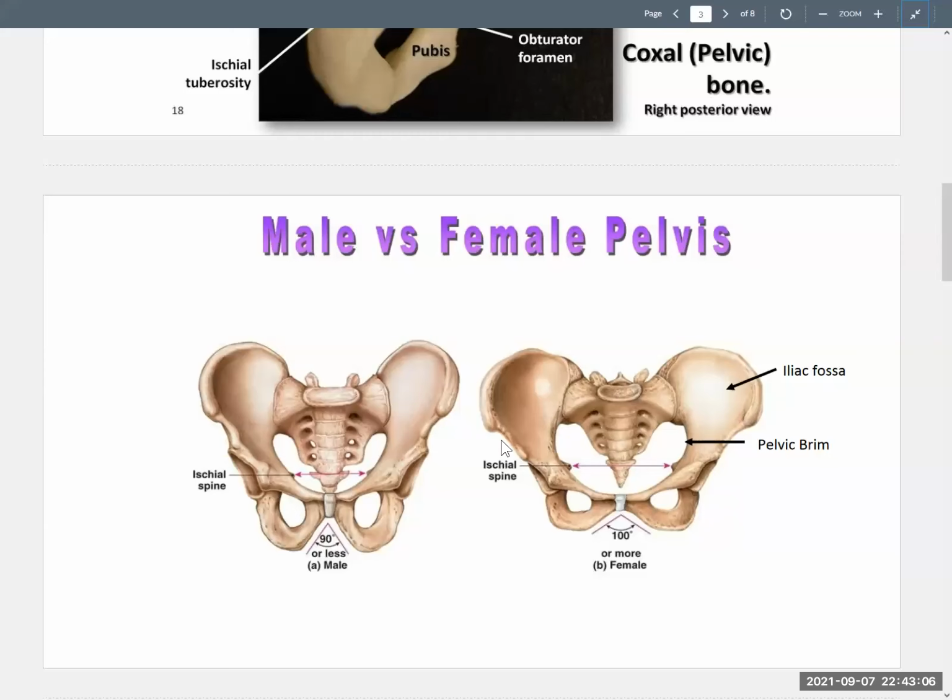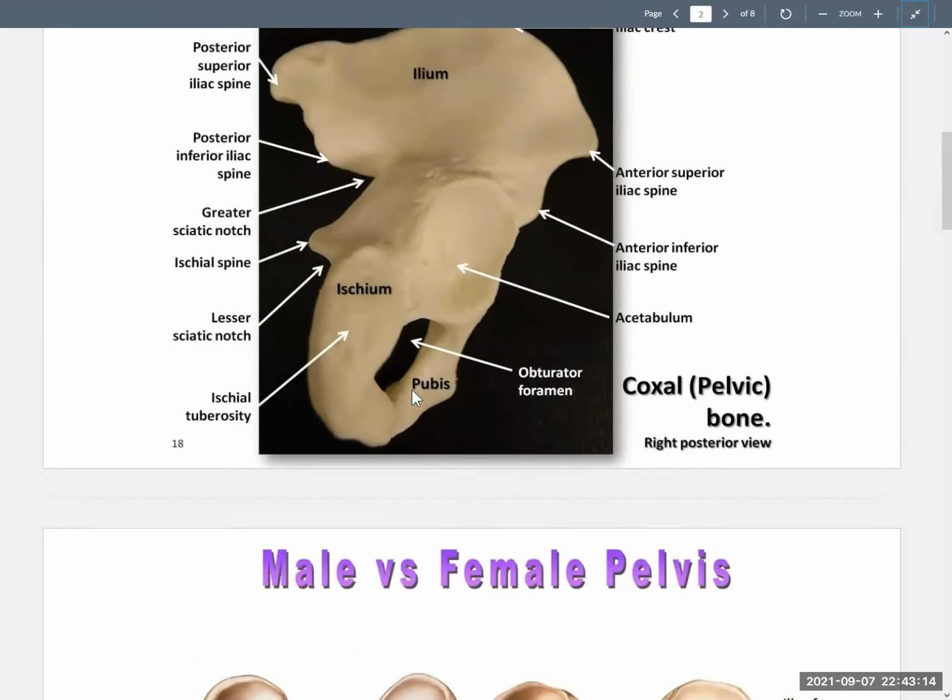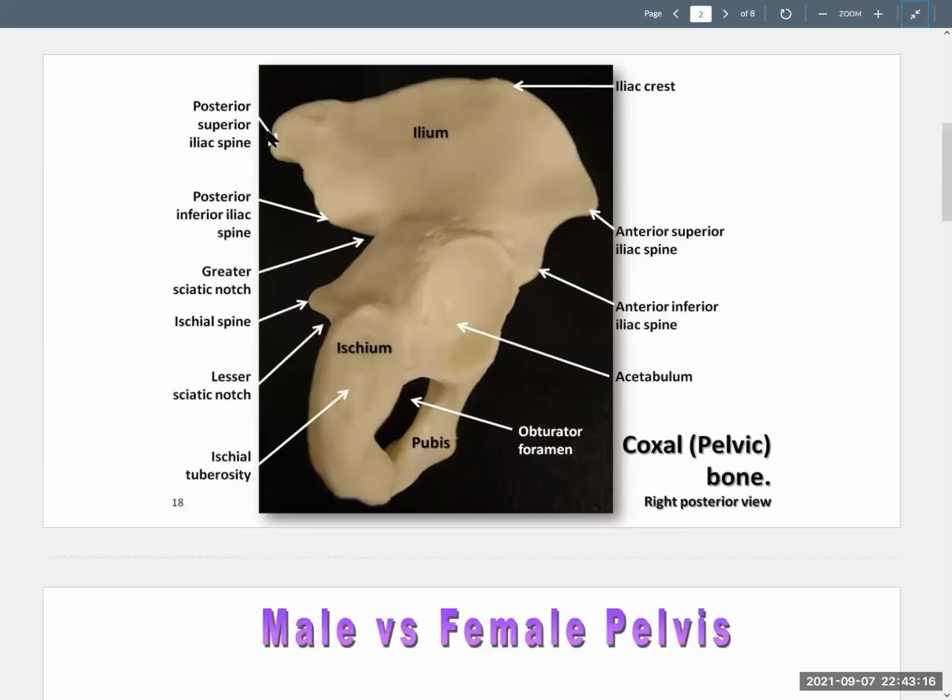Okay, so here's the two knobs here and the two knobs over on this side. Put your finger on the posterior superior iliac spine, drop down to the inferior, and there's a big gouge.